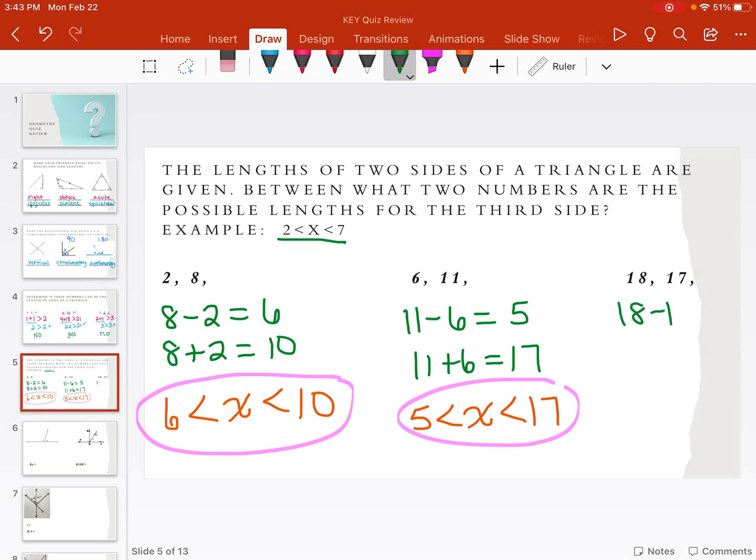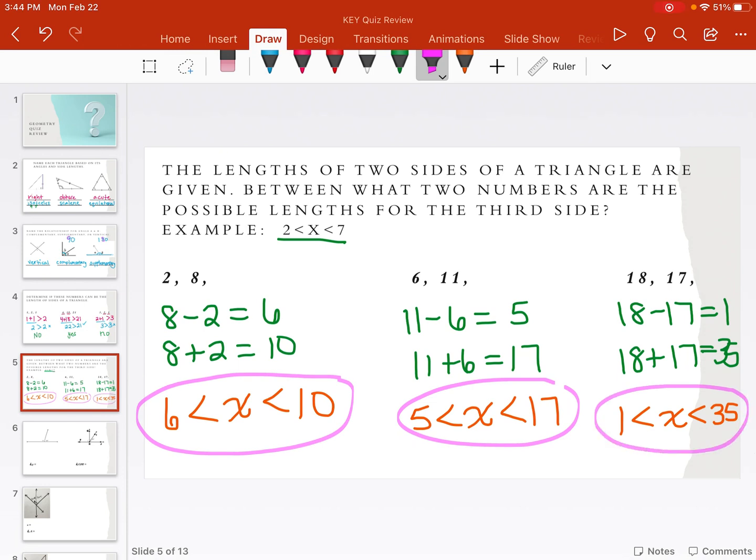Subtract, so 18 minus 17 is 1. 18 plus 17, oopsies, let's see, 18 plus 17, which is 35. Okay, and then 1 is less than x is less than 35.